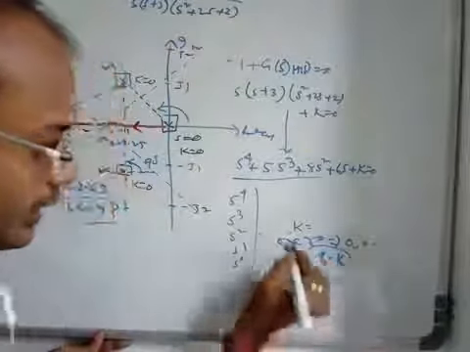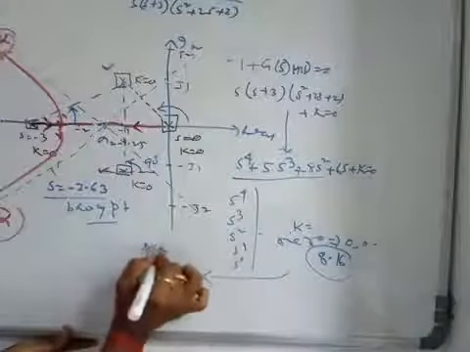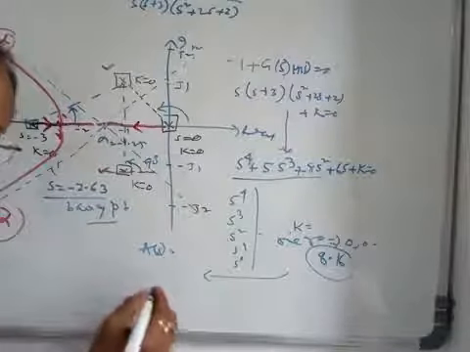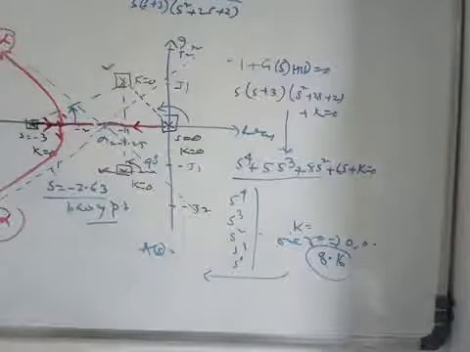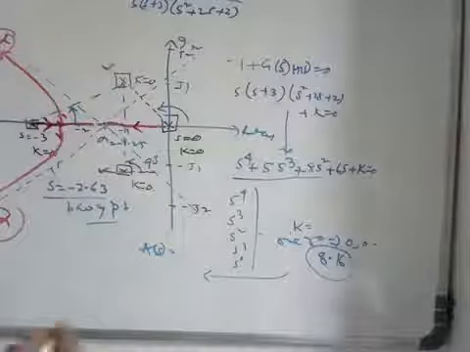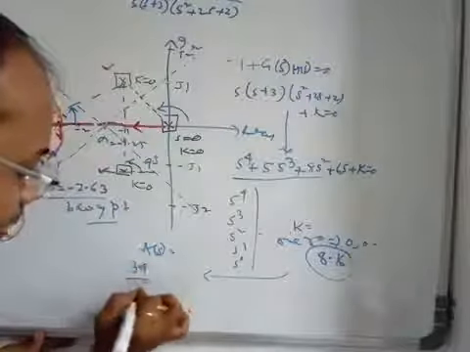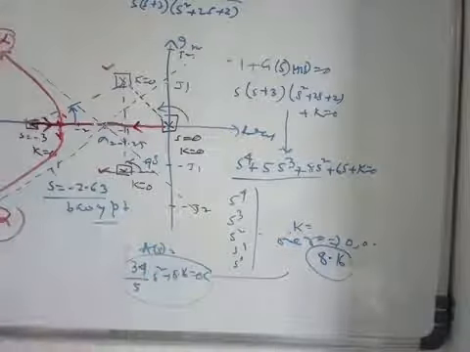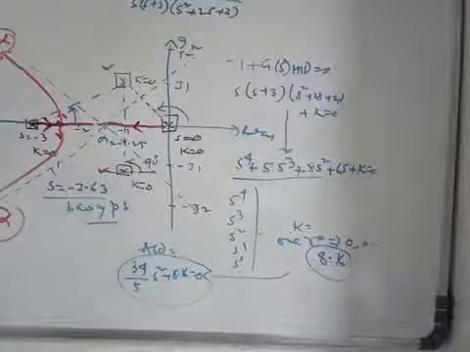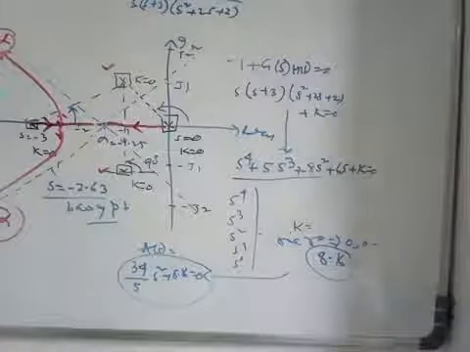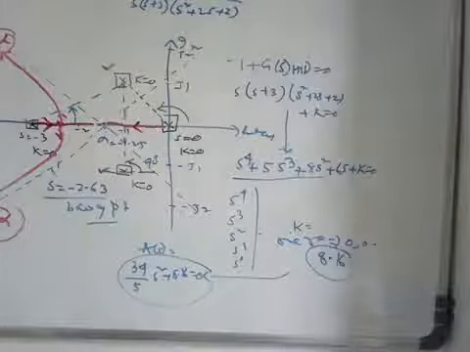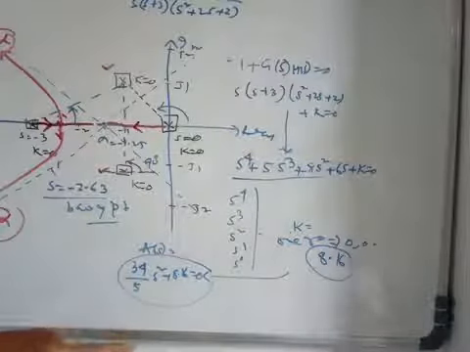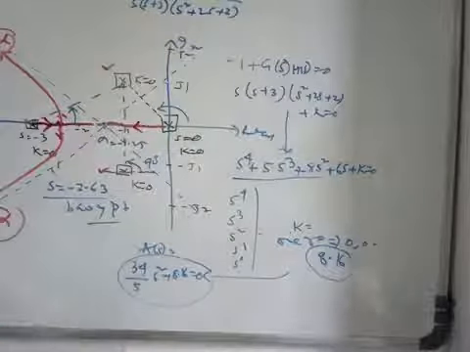Corresponding to that, if you find the auxiliary equation, because in this case an auxiliary equation will be formed, it will be 34 by 5 s square plus 8.16 equal to 0.